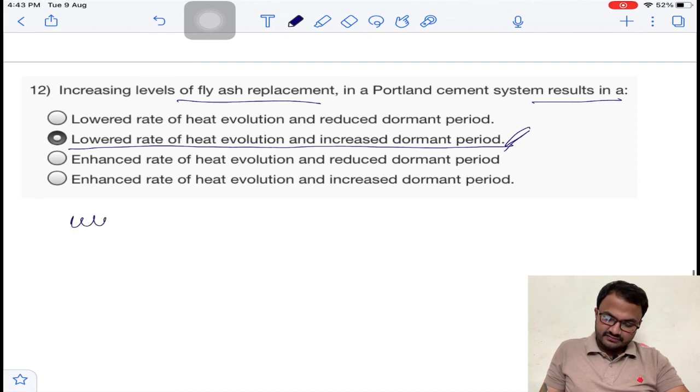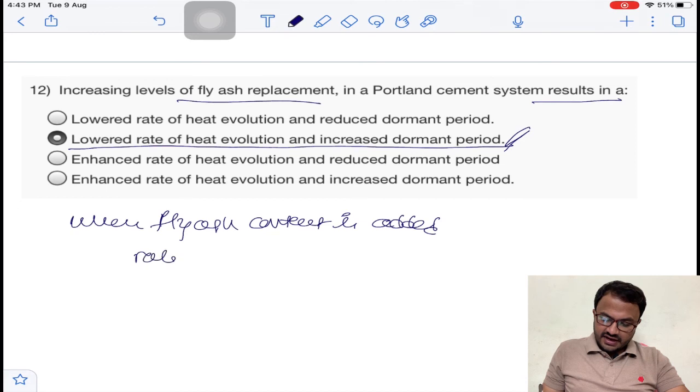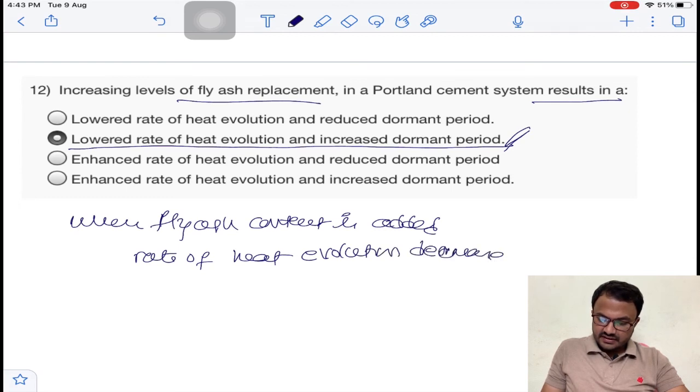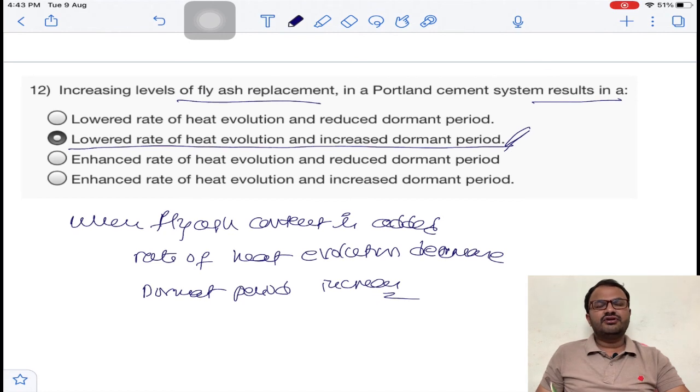That is, when fly ash content is added, the rate of heat evolution decreases and the dormant period increases. So what is the dormant period?